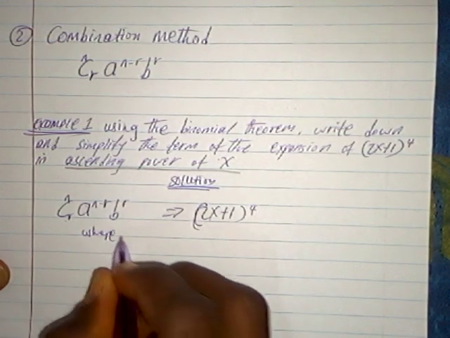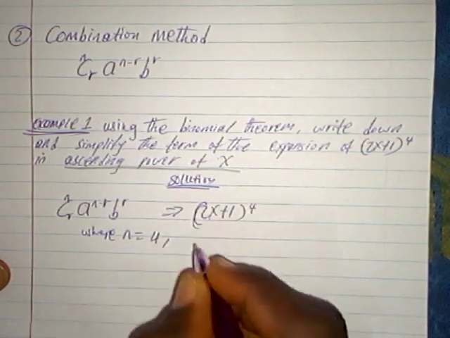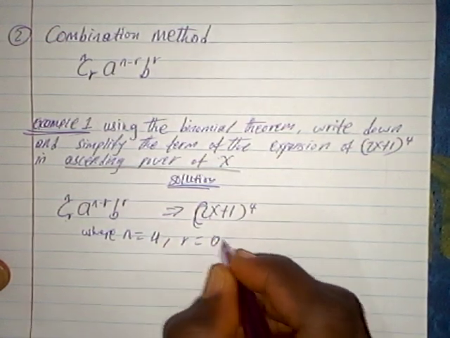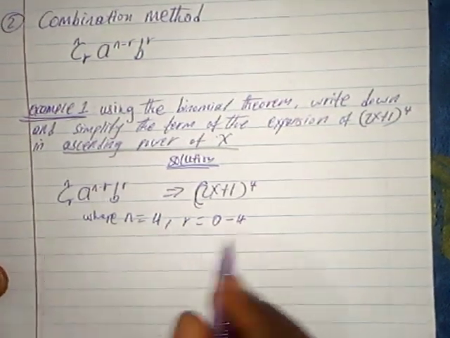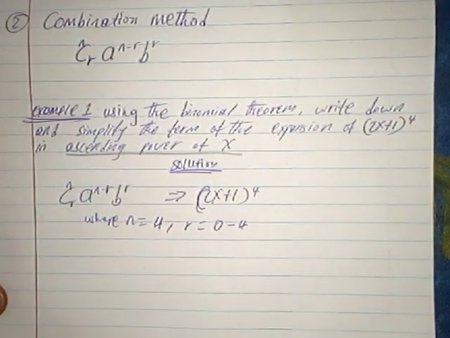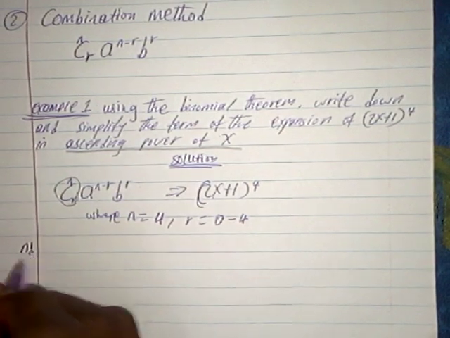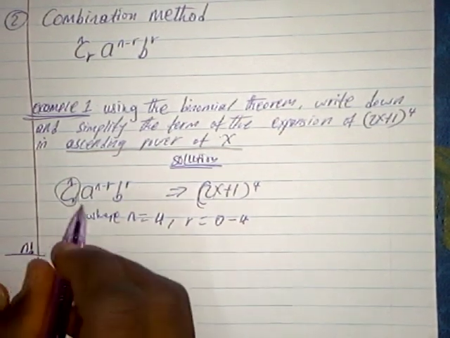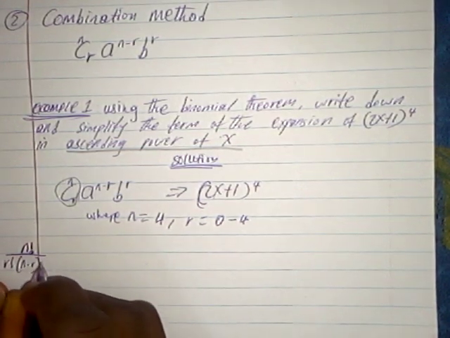Where n should be equal to what? The power, which is 4. R should be equal to what? From 0 to 4. Now let's go. We make this combination: n factorial divided by r factorial, (n minus r) factorial.